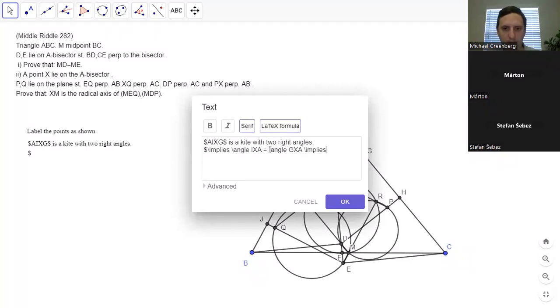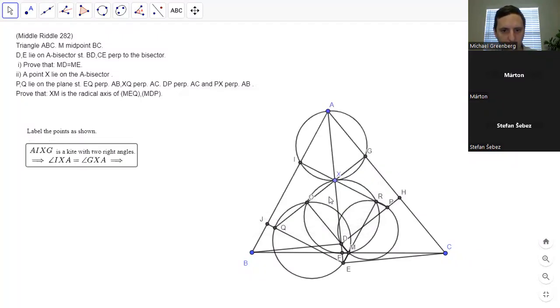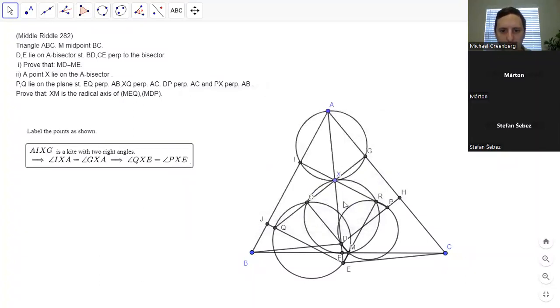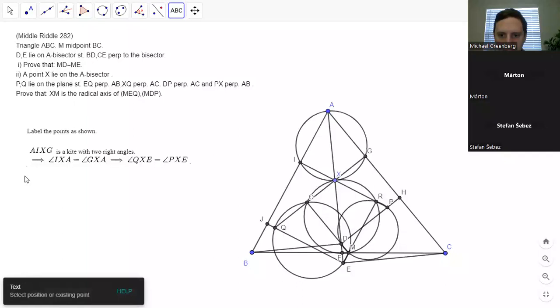And that means that angle QXE is angle PXE. Okay. And then from there, we know that OXD is similar to XRE.